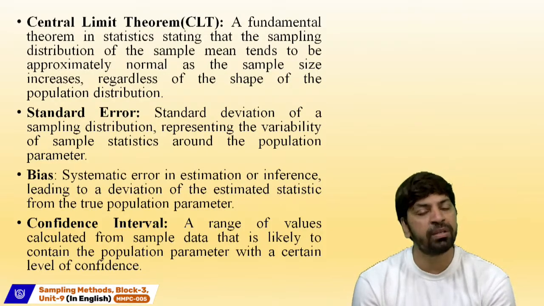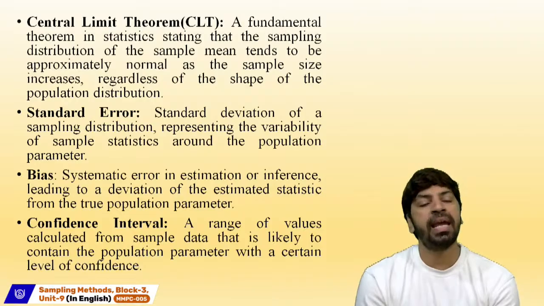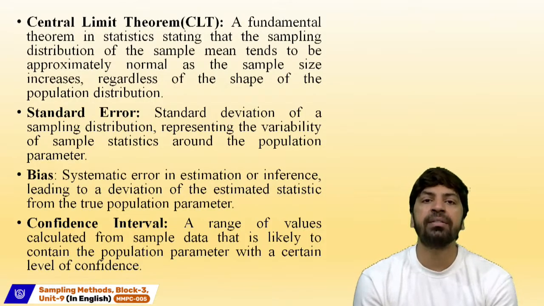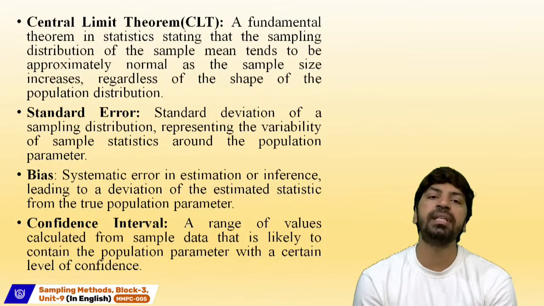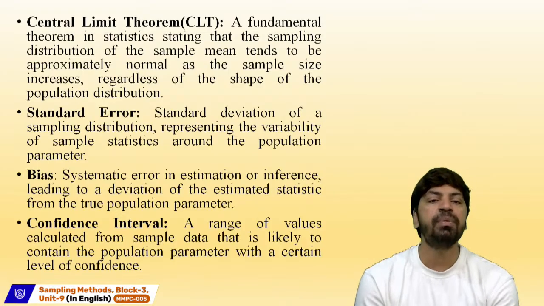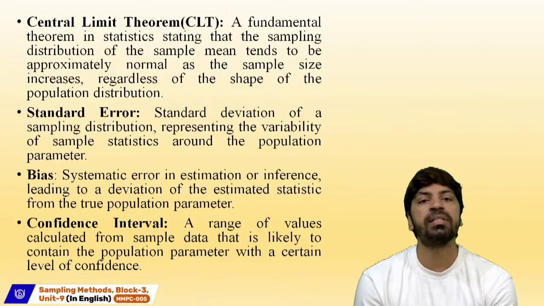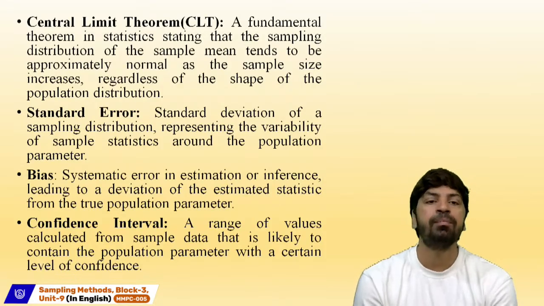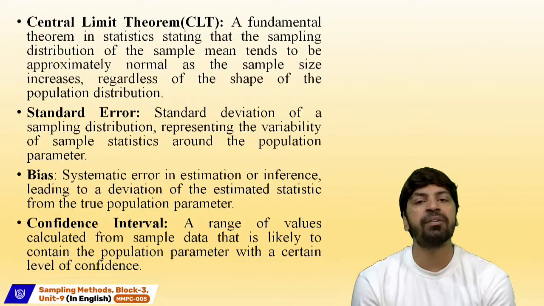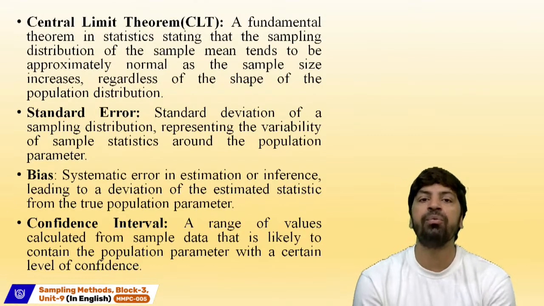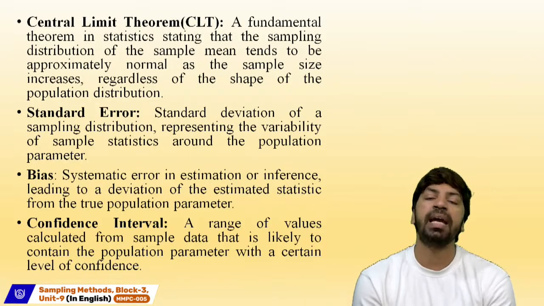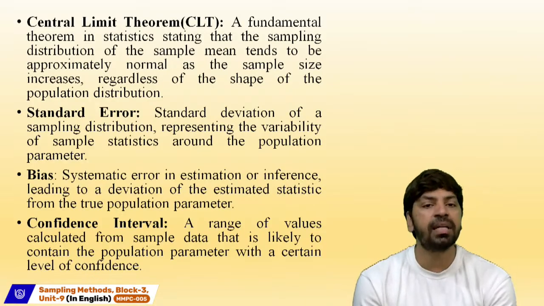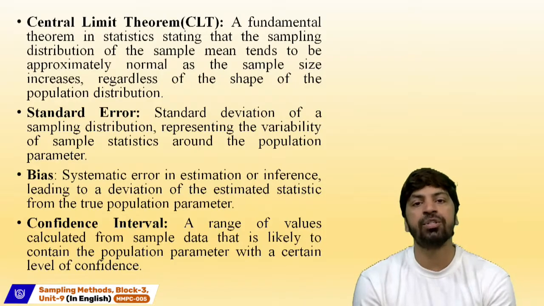Standard error is the standard deviation of a sampling distribution, representing the variability of the sample statistics around the population parameter. Bias is a systematic error in estimation of a value or any conclusions, which leads to a change of the estimated statistic from the true population parameter.